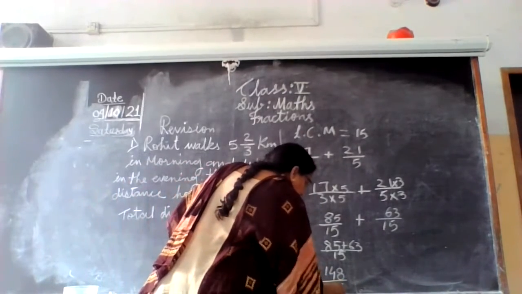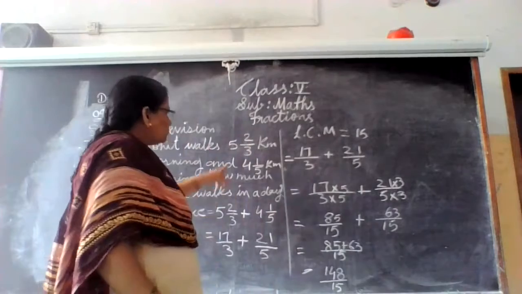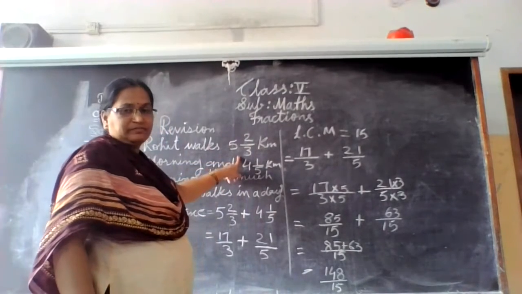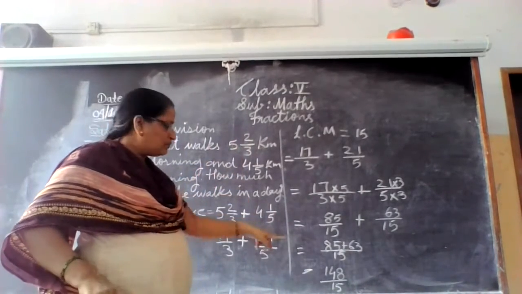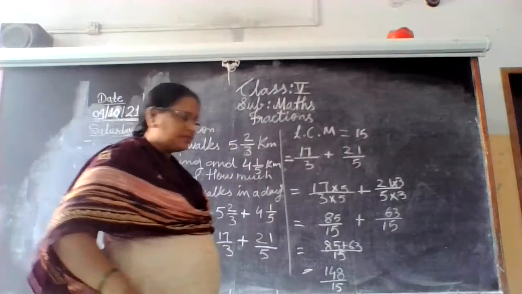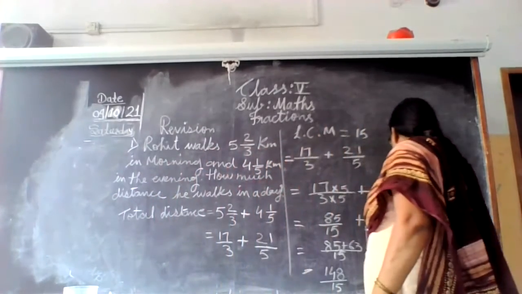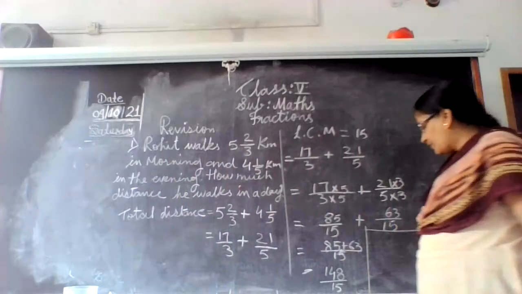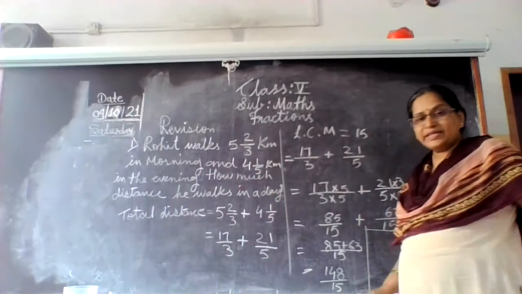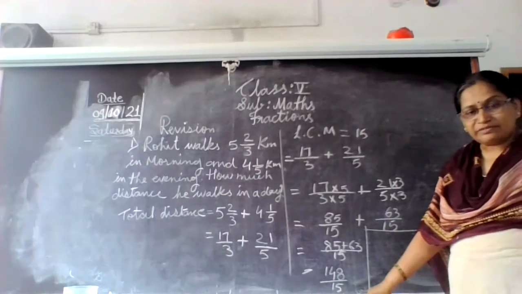Okay. Now see children, the question is given in mixed fractions. That's why you have to write the answer as a mixed fraction. Okay, so after that I'm writing here, 15 9s are 135.